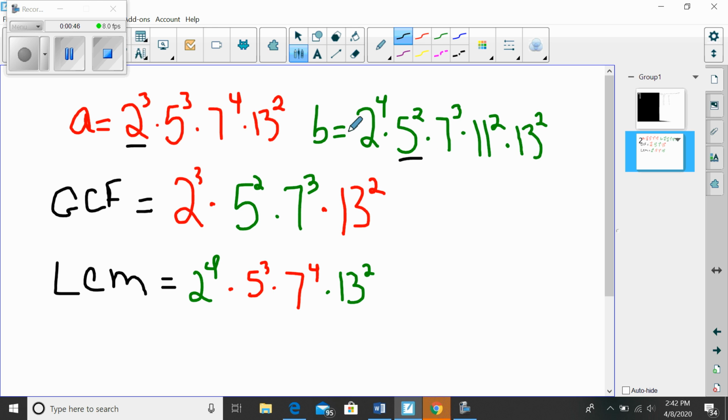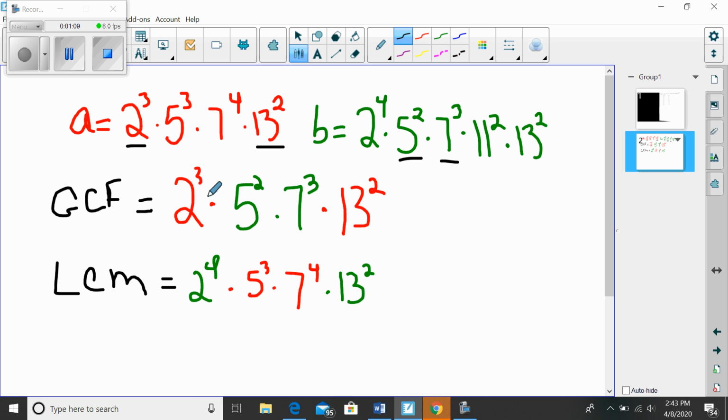Or they could tie, at which point I just randomly assign them to go to the GCF or the LCM. Okay, but for my GCF, I took these factors because they were all my lowest, or like I said, I just picked this one. I sort of picked it to balance the red and green color, not for any mathematical reason.